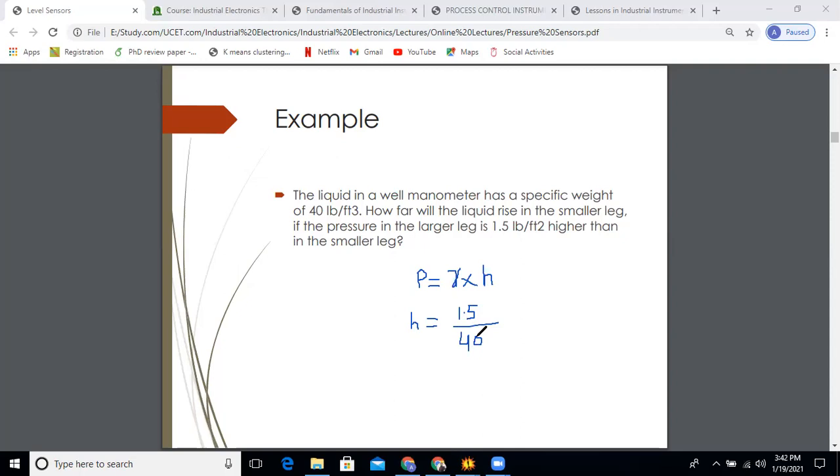The feet square, feet cube, and pound will be cancelled with each other, and this will be equal in the form of feet.